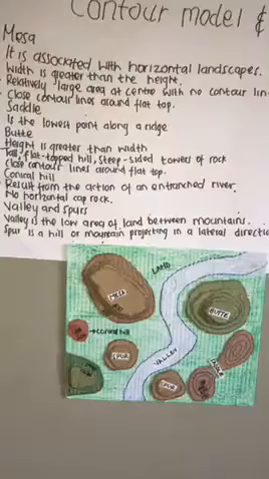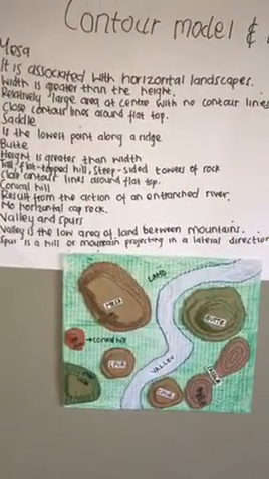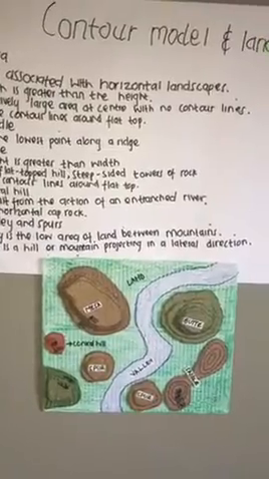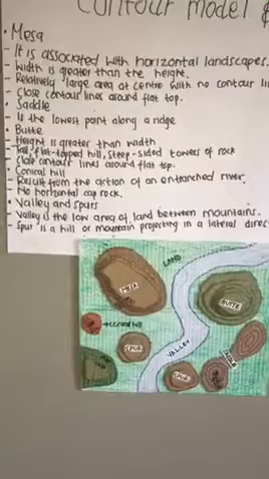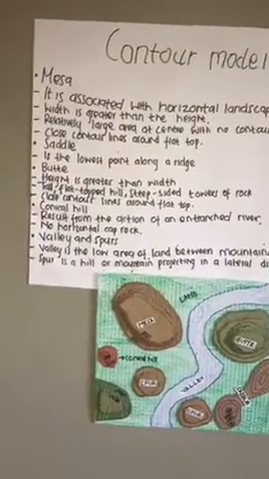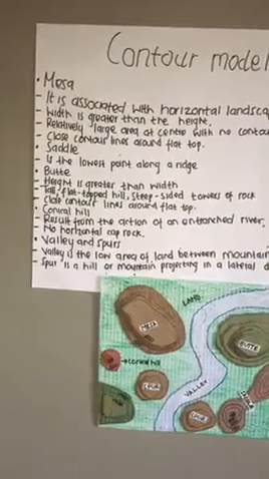Looking at the diagram below, there is only contour lines around the mesa. This tells us that there is a large flat top.